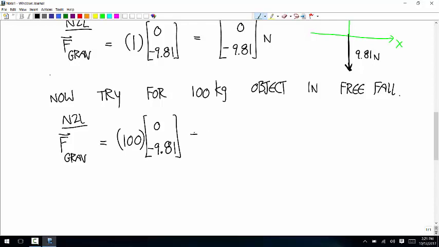And so this one tells us that the force applied to this 100 kilogram mass is 0, negative 981. And so that's a downward vector with a magnitude of 981.